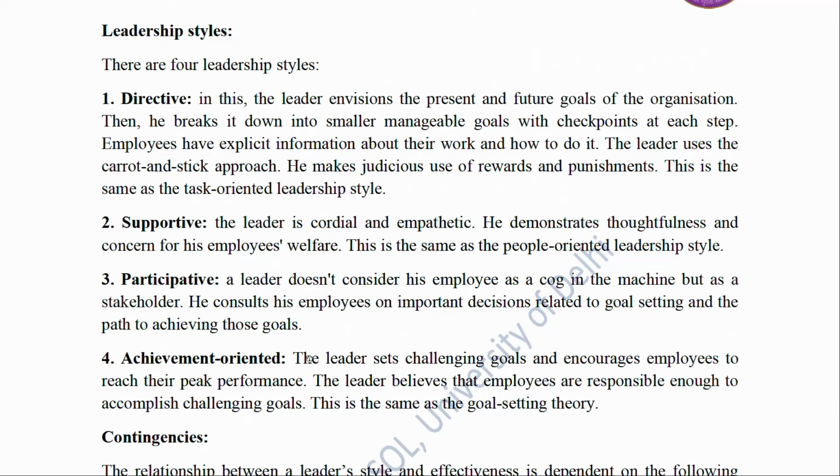He consults his employees on important decisions related to goal setting and the path to achieving those goals. Fourth, achievement oriented. The leader sets challenging goals and encourages employees to reach their peak performance. The leader believes that employees are responsible enough to accomplish challenging goals. This is the same as the goal setting theory.